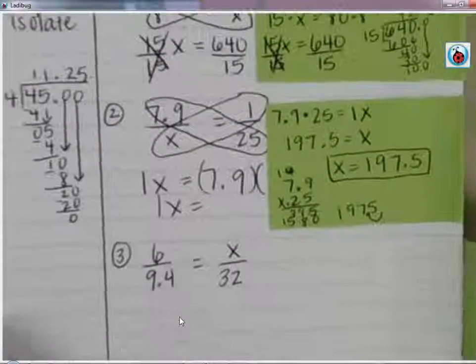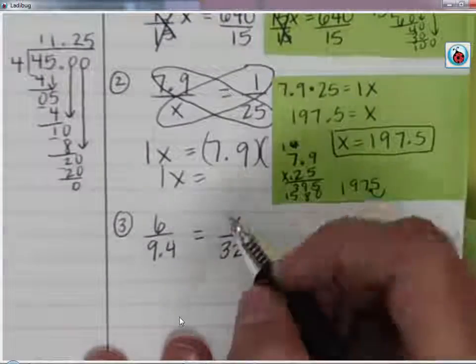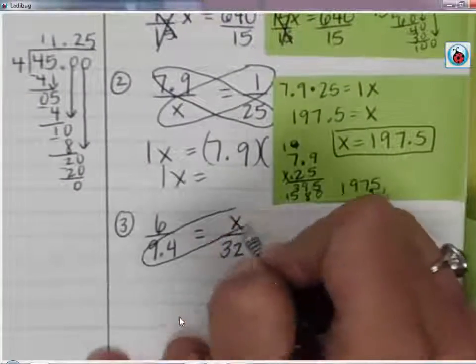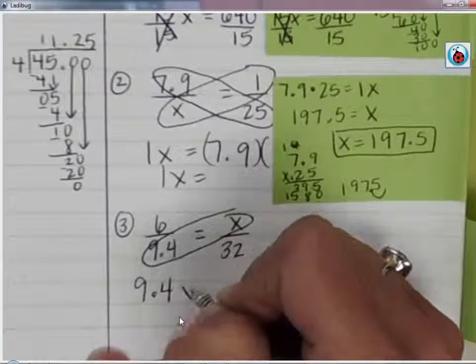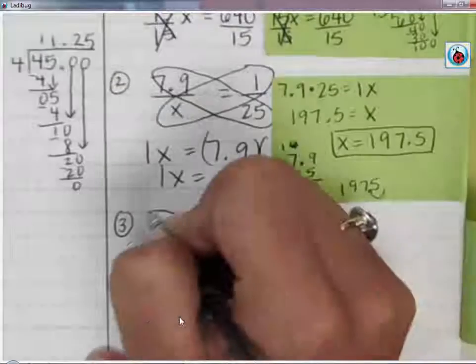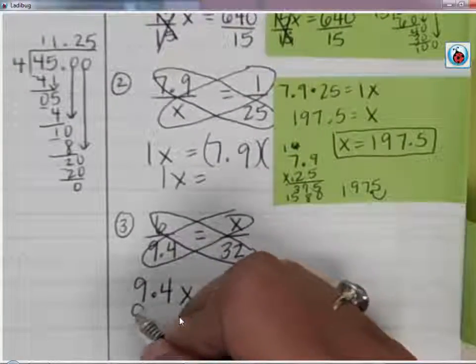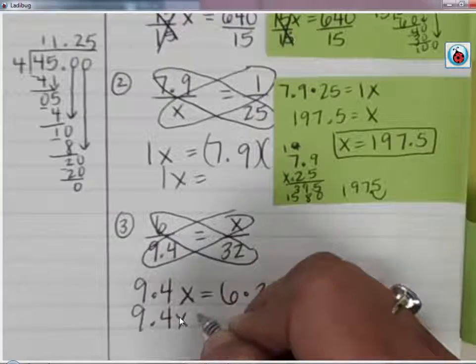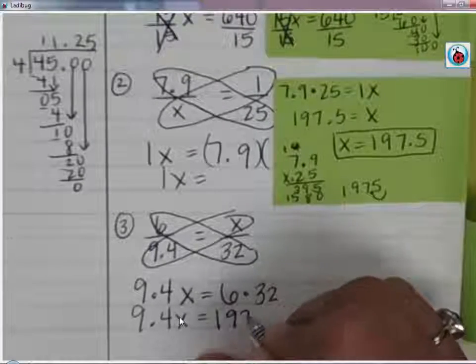Alright, last but not least, you can maybe try it on your own and then check your answer with me when you're finished, or you may watch up here. I have 9 and 4 tenths x is equal to 6 times 32. I know that 6 times 32 is going to be equal to 192.